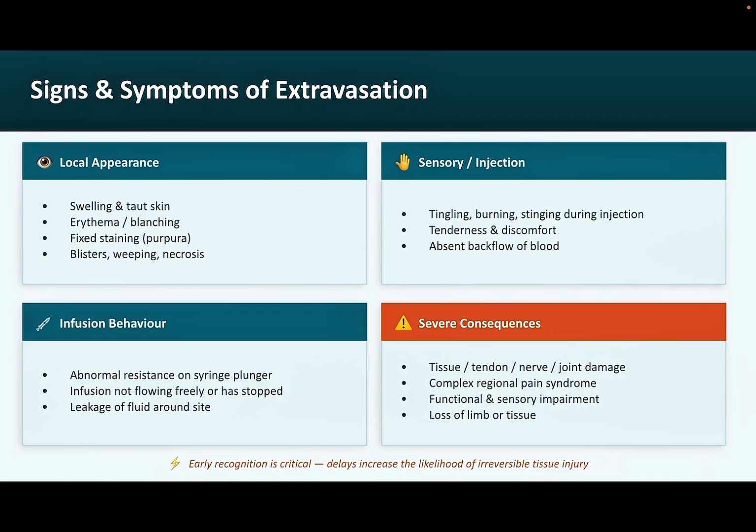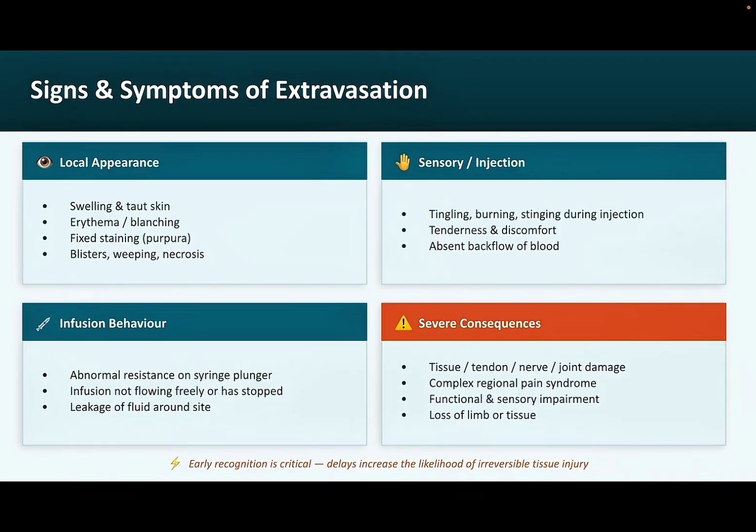What are the signs and symptoms of extravasation? Usually we can detect signs and symptoms, most probably the symptoms, in conscious patients. Signs we need to actively look for, especially in anesthetized patients. So local appearance: there can be swelling mainly, erythema, blanching due to inflammation, purpura, blisters, and weeping, and if it is very severe, necrosis.